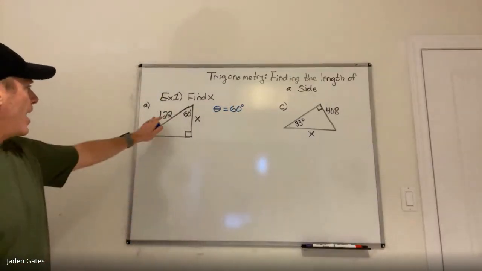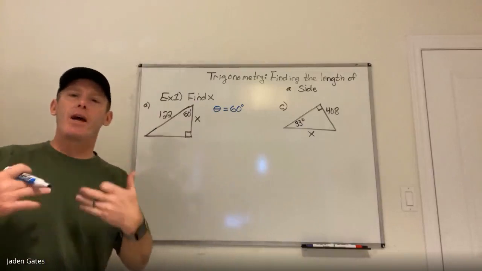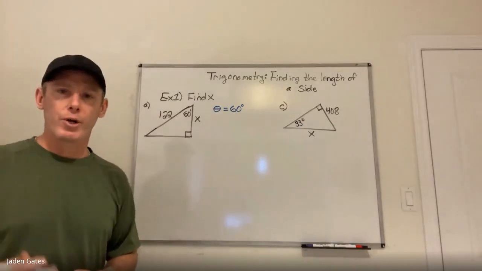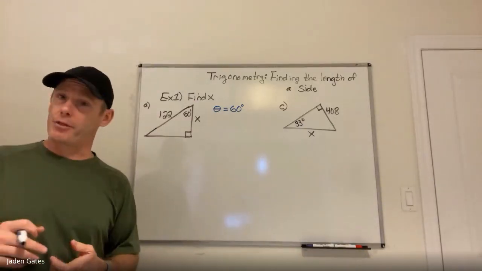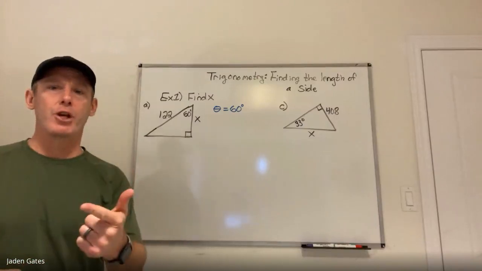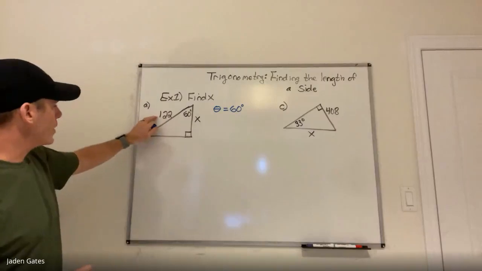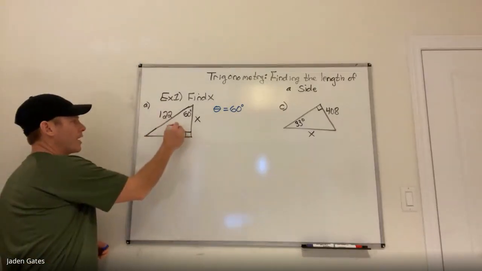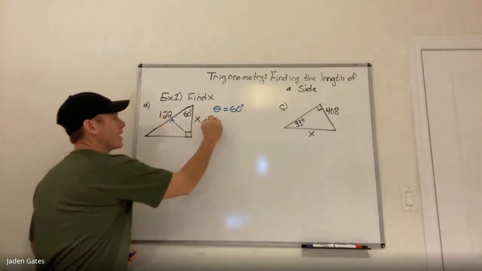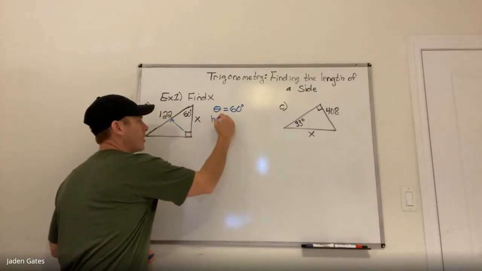Now, I have two sides here. And again, with trigonometry, you have to know which sides those are because you've got three options. You've got the opposite, the adjacent, and the hypotenuse. Now, again, when I look at the 122, it is across from the right angle. So that is telling me that is the hypotenuse.